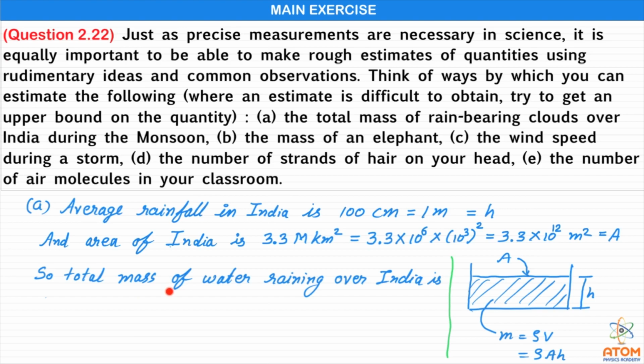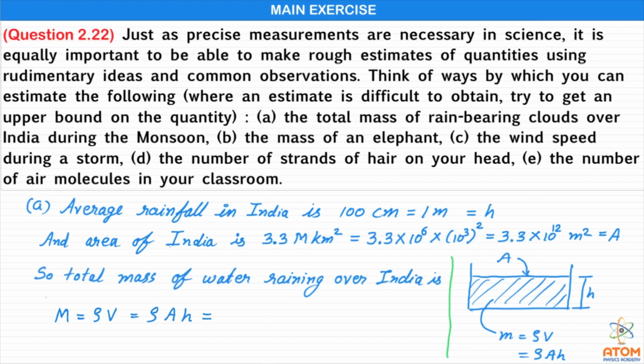So the total mass of water raining over India is, let us say, capital M. Then M can be written as density into volume, and again this volume can be written as area into height. Now we can put the values.